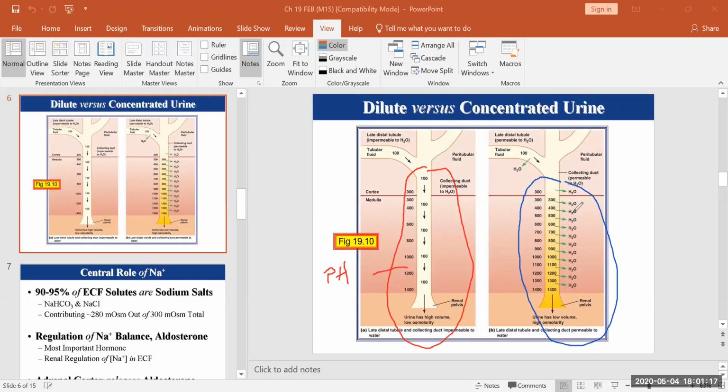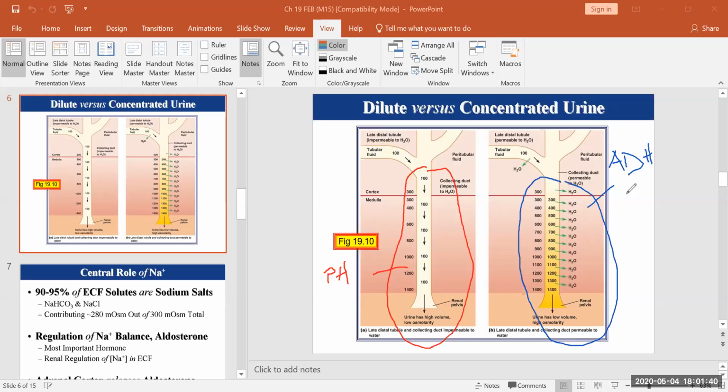So ADH is released by the posterior pituitary, and the ADH induces the collecting duct cells to insert aquaporin into the plasma membrane, allowing water to leave the collecting duct.